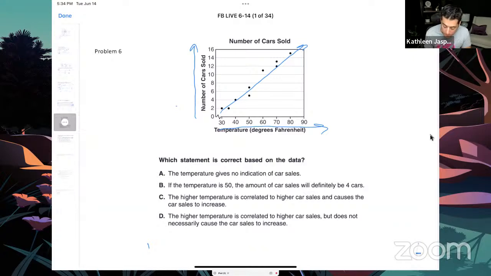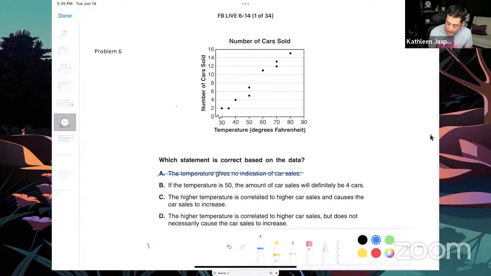When it says the temperature gives no indication, well, according to this chart, because that's what we have to go off of, temperature does give an indication. So we cannot say that this is correct because it says no indication. So it's really to some extent true based off the data that we have here. And that's the thing. It's based on the data. You're only looking at this chart right here and nothing else.